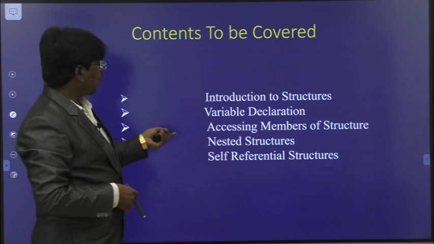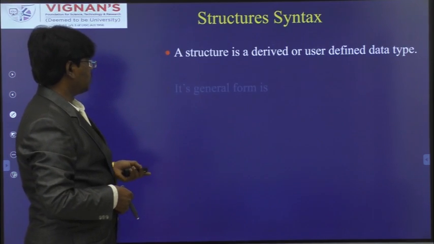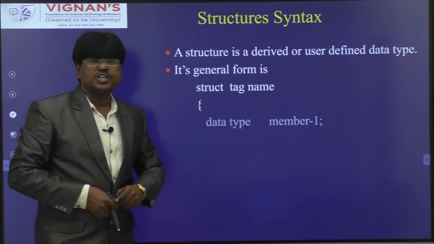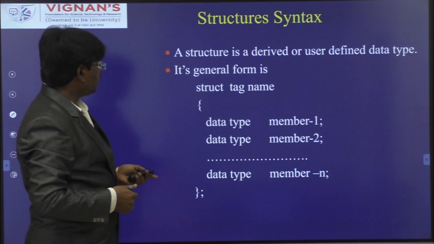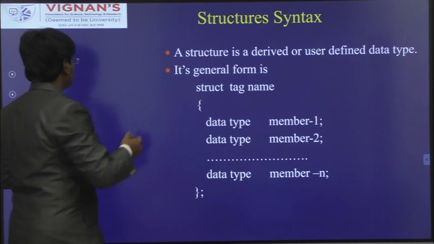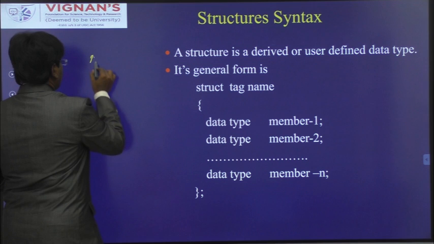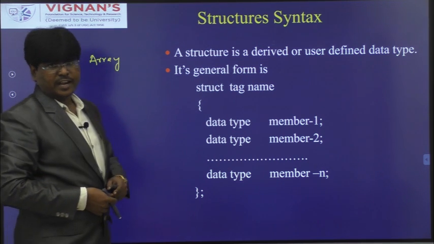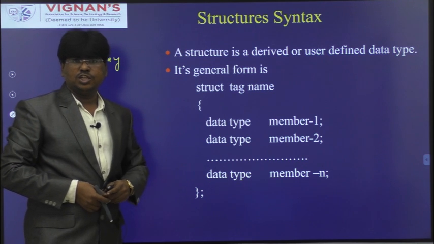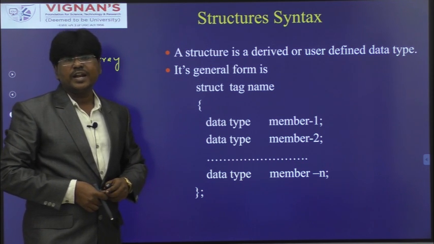First of all, we have to know what is a structure. A structure is a user-defined data type. Why this structure is needed, I will tell you. For example, we know what an array is. An array is used to group similar data elements.